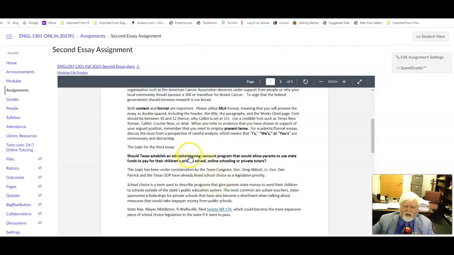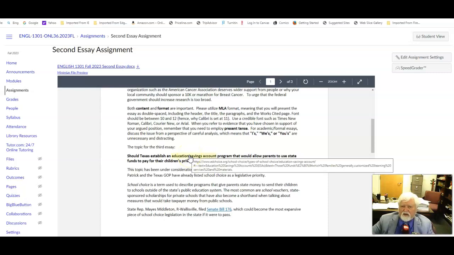I went in and put the link here as well. So you can actually click on this in the handout and it'll take you to that article. It just gives you a basic explanation of what an education savings account is, and then school choice and also school vouchers. I have italicized those for you to let you know what they are and how they pertain to this one.